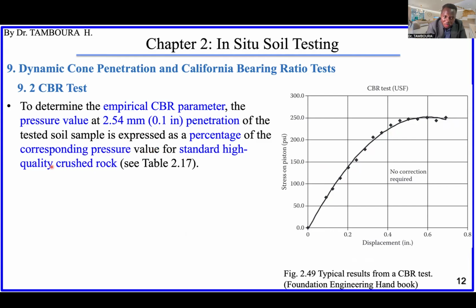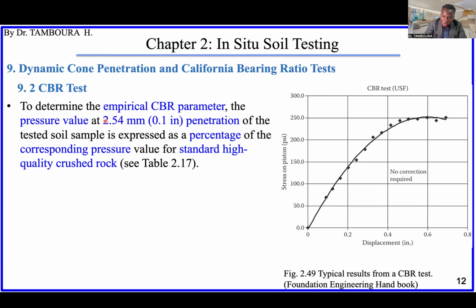Obtain using this high quality crushed rock. You do the ratio between the curve obtained from your soil sample, this one, and the curve, let's say, the pressure obtained here, pressure at 0.1 inch, or if you want 2.54 millimeters.